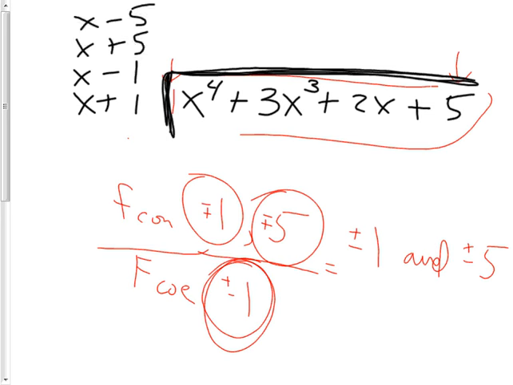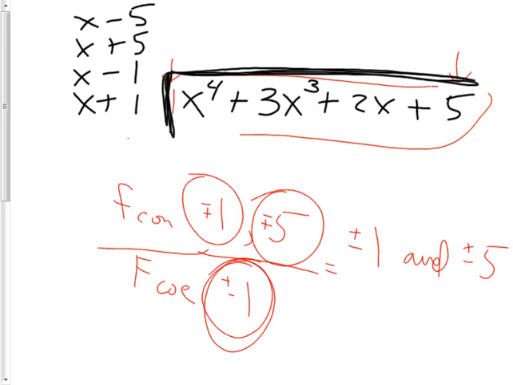Those are the only things that could possibly work. You get that? Those are the factors of the constant divided by the factors of the coefficients, and now I'll tell you what the roots could be.